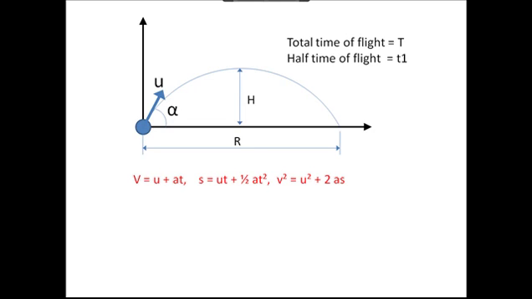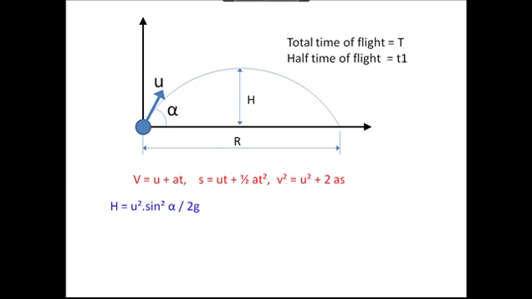Knowing these parameters, what these equations give is the distance traveled and the time required, and their interrelation with each other through these three equations. So these three equations will be used for projectile motion for the simple reason that projectile motion is essentially simultaneous motion in the x direction and y direction.